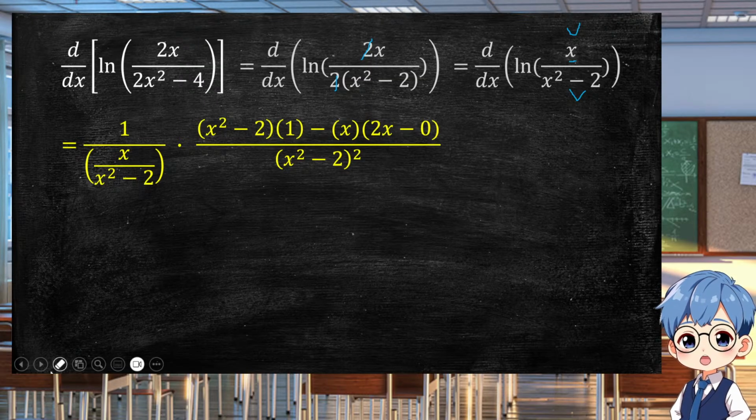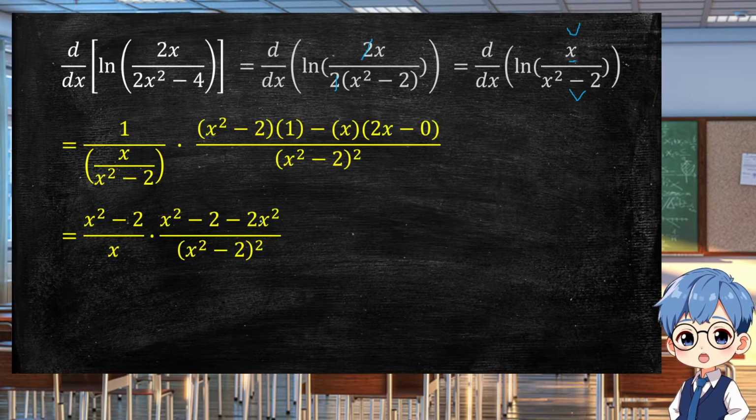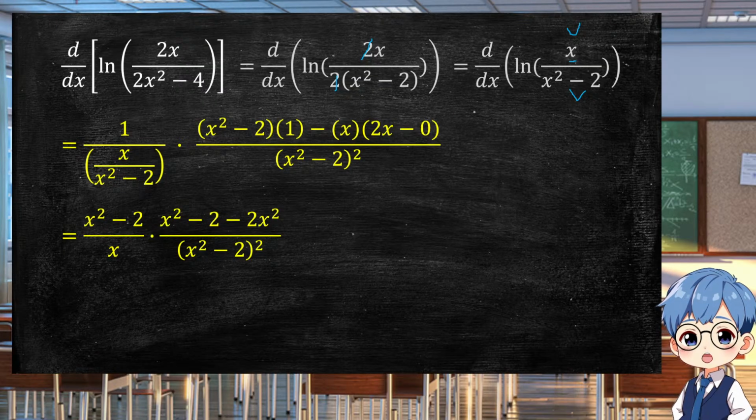Okay, so simplifying this, of course we can get the reciprocal of this. So that's why we have now x squared minus 2 over x instead of having this. Then we simplify further the next factor. We just distribute. So we have x squared minus 2 minus x times 2x, which is 2x squared. Never mind the 0 again. And then lastly, over the quantity x squared minus 2 squared.